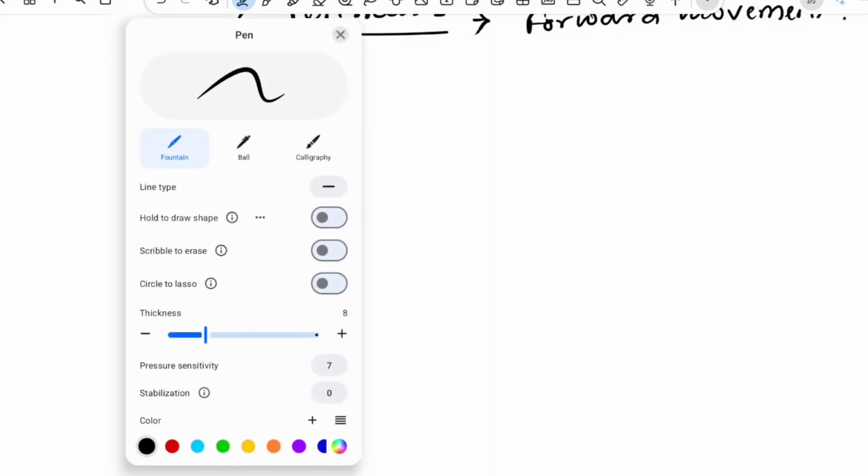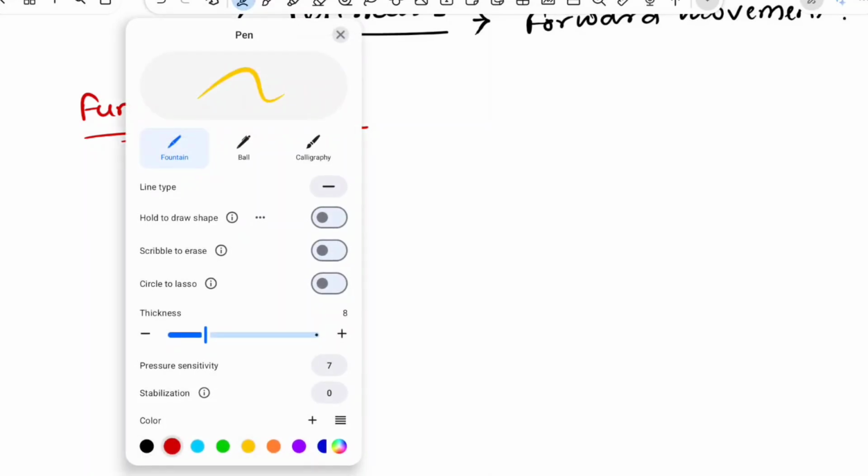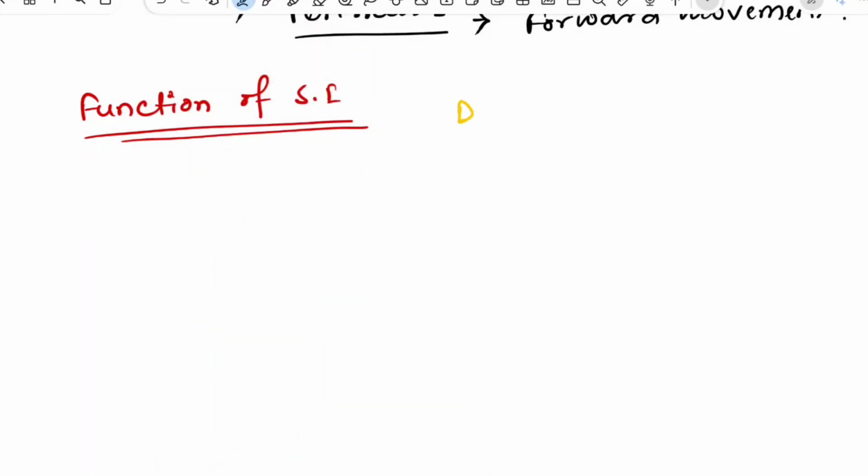Okay, next we will go for the functions of small intestine. Through an easy mnemonic we can remember, that is DAMA. In that mnemonic we can remember D for digestion.